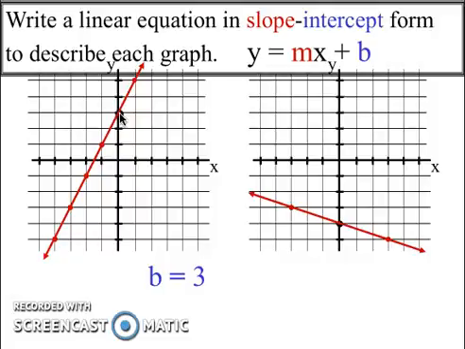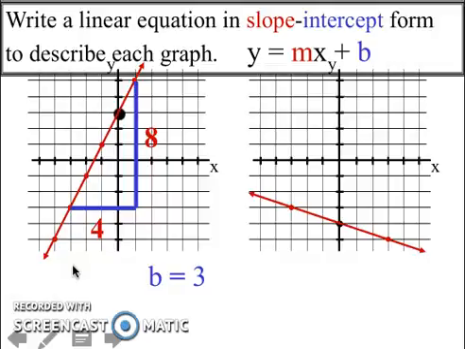And from there we have to find the slope. The slope is found by picking 2 points on the line. In this case we have 4 units right and 8 units up. So we move 1, 2, 3, 4 units to the right, 1, 2, 3, 4, 5, 6, 7, 8 units up. And remember, your slope is rise over run. So it's 8 units up and 4 to the right, which is 8 divided by 4.